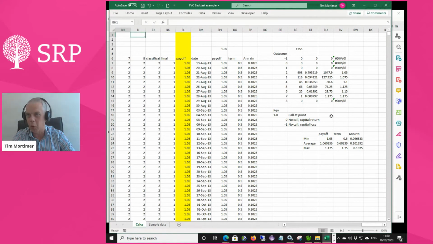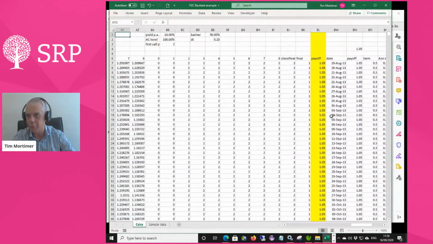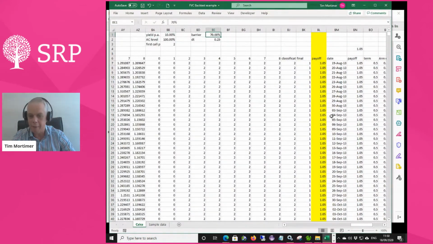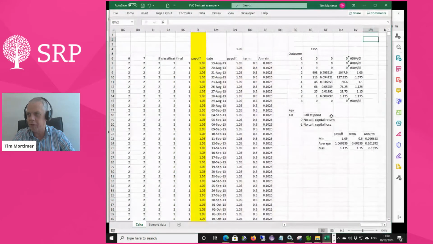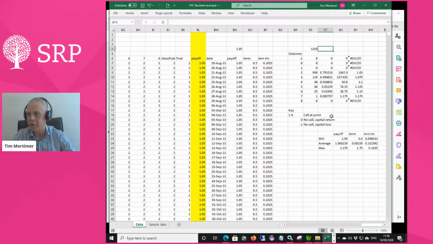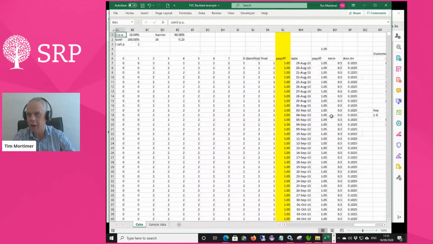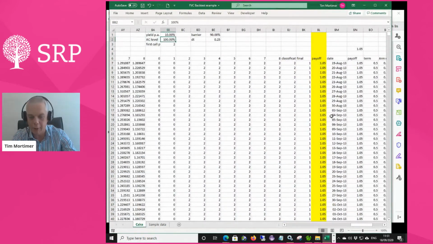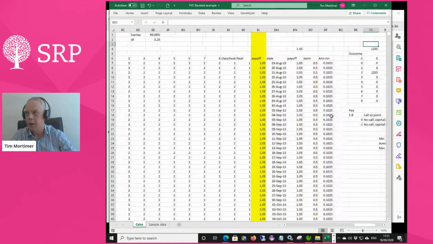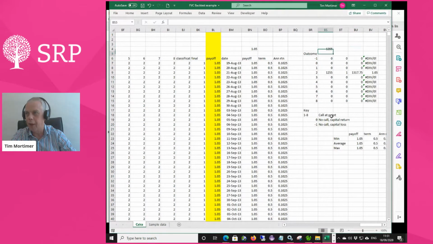And it's actually quite a flexible model because I didn't put much work into this, but if you put the barrier at 90%, which is not a very common barrier, more of an aggressive barrier, then you just get to see that some of the outcomes might change. Also, let's say that I increase the auto call level, make it 105%, make it harder to call, then actually I've dramatically changed things.